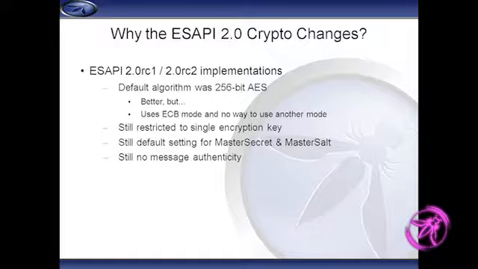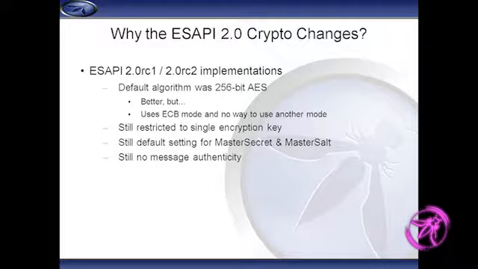It still had default settings for master secret and master salt; you could change them, but you had to go through a whole bunch of contortions to do it. And still no message authenticity. When I say message authenticity, I mean there's no way to ensure that the ciphertext came from the sender that you think it came from.